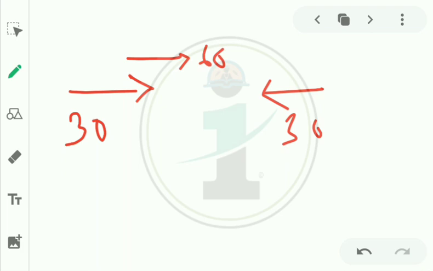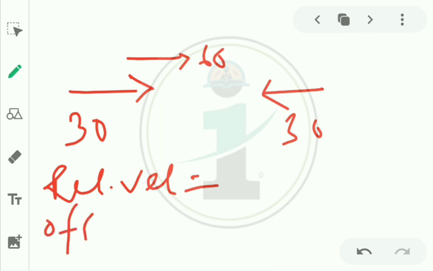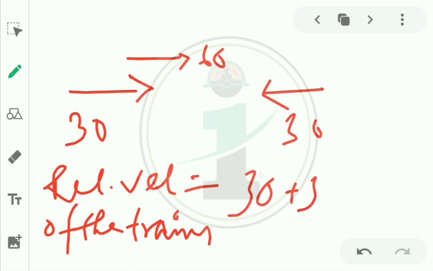So the relative velocity of the trains is nothing but the addition of these two velocities, which will give us 60 kilometer per hour. So this is the relative velocity of the two trains.